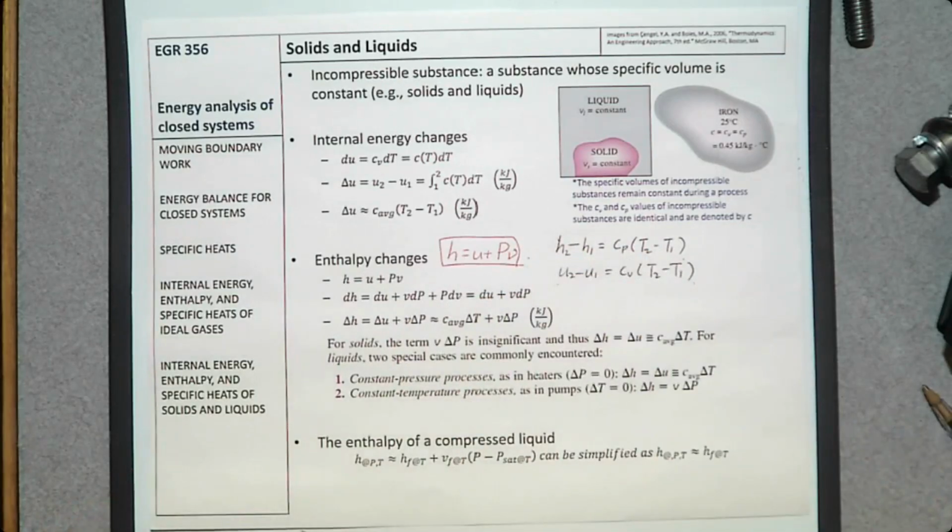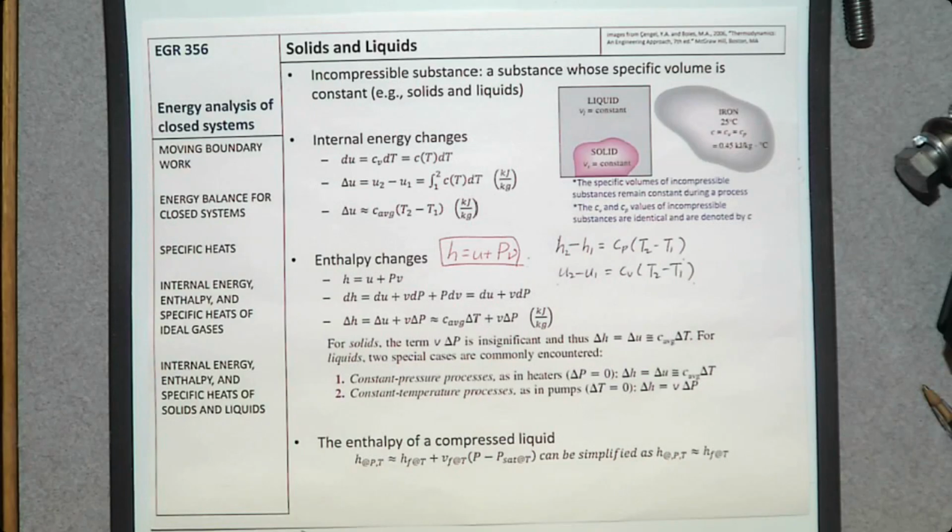Then, what if we have a solid or a liquid? What is the main difference between gases and solids and liquids? Gases are compressible. Liquids and solids are not compressible, right? If you have a gas and heat it, its volume goes up.